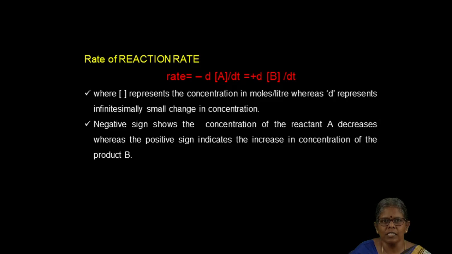The negative sign indicates that the concentration of the reactant goes on decreasing, whereas for the product, the increase in the concentration of B is given as plus d[B] divided by dt.